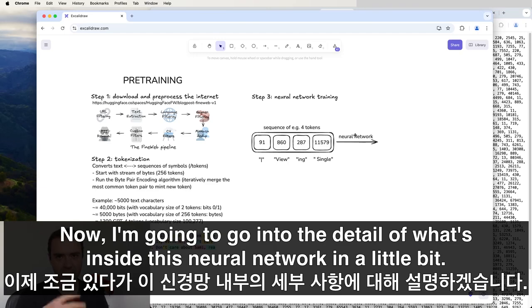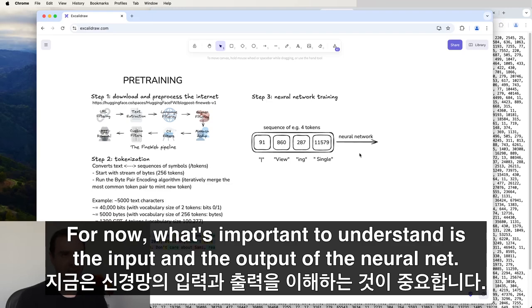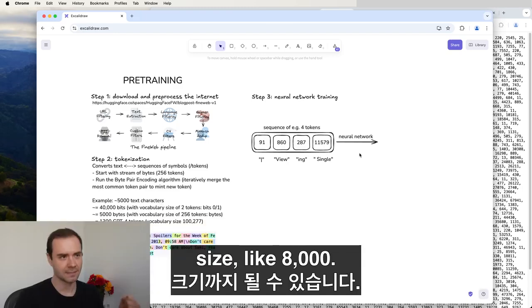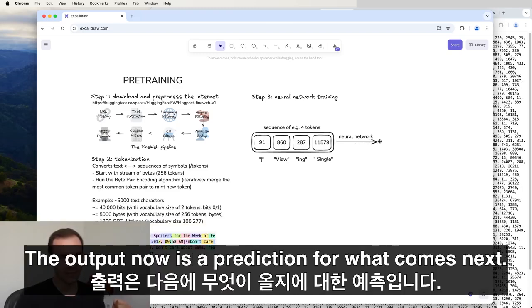Now, I'm going to go into the detail of what's inside this neural network in a little bit. For now, what's important to understand is the input and the output of the neural net. So the input are sequences of tokens of variable length, anywhere between 0 and some maximum size, like 8,000. The output now is a prediction for what comes next.